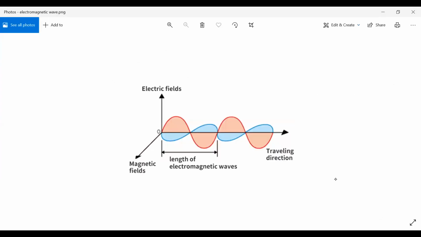See, this is x. Sir, can you show me the last page? Last page. This one.